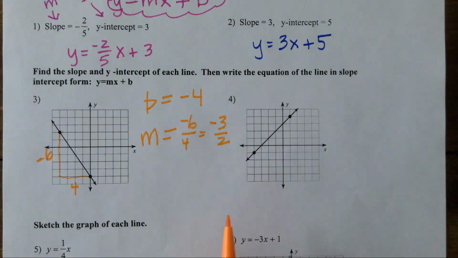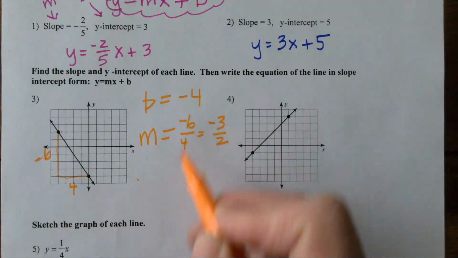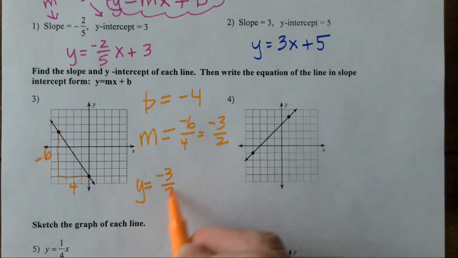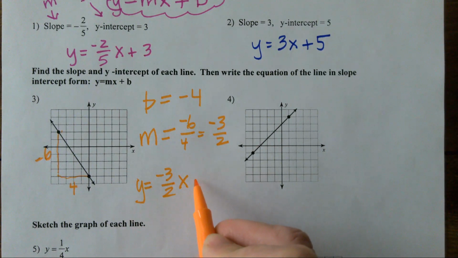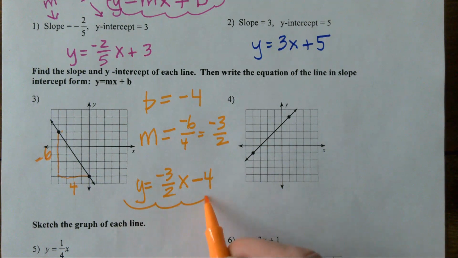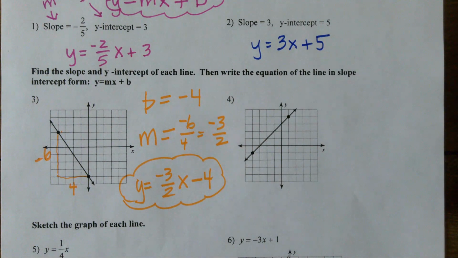So now when I put it in slope-intercept form, I put those things in their position. Remember, y equals negative 3/2 x plus negative 4. I write plus negative as minus. And there's my final answer. I find the slope, I find the y-intercept, and then I write it in the equation form.